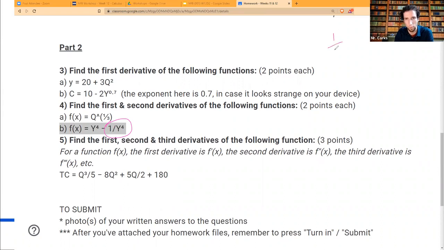It's the first one. 1 over y to the exponent 4. So order of operations, that comes first. But the other thing that you said would actually be the same because it's a 1 on top. So if it were 1 over y all to the exponent 4, that would be 1 to the exponent 4 over y to the exponent 4, which would be 1 over y to the exponent 4. So in this particular case, your question doesn't actually matter. It's the same result either way, but order of operations, formally, it's this thing.